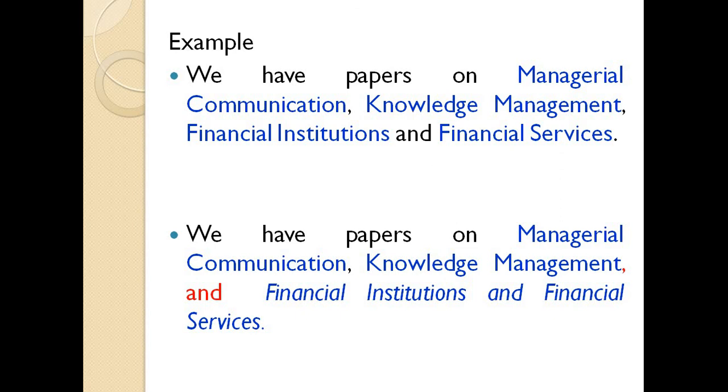In the second case, it actually means 3 papers: managerial communication, knowledge management. Can you see the red comma out there? Then we are saying and, because the next part has another and out there. So financial institutions and financial services is 1 paper.